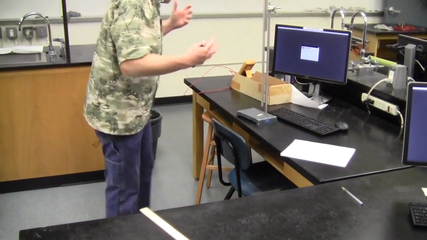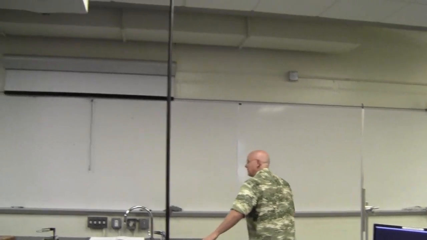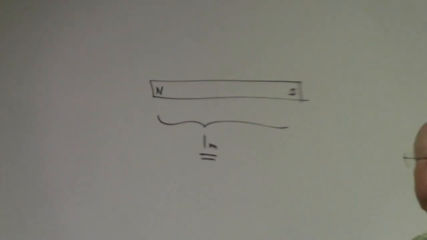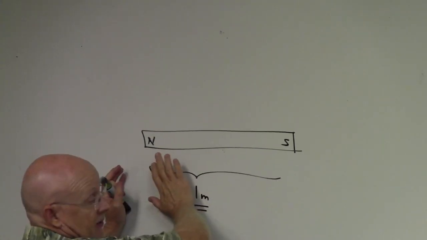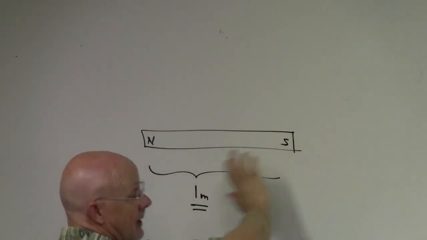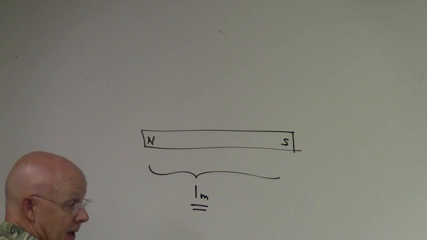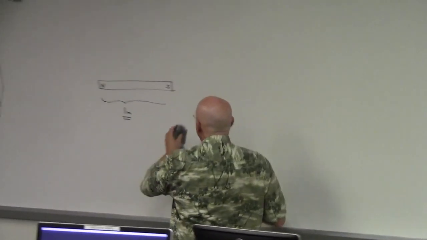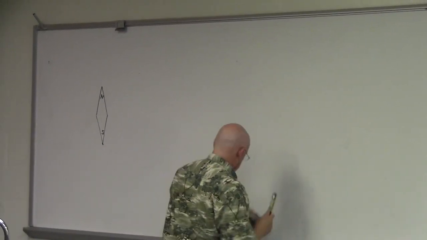So with that in mind, I'll come back to my drawing. And I would argue that my drawing is a poor drawing, because I've drawn it like the south pole is in the same plane and far away, when in reality, let me see if I can redraw this, it's more like this.